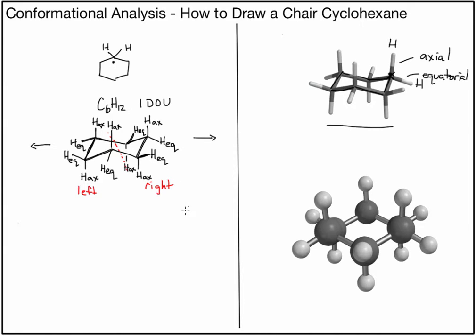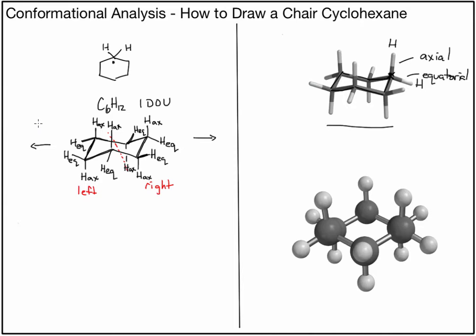Another common thing you'll have to examine in problems in organic chemistry is using Newman projections to determine reactivity. So say we wanted to look at a Newman projection of a cyclohexane. So a Newman projection, we're going to look down a carbon-carbon bond.